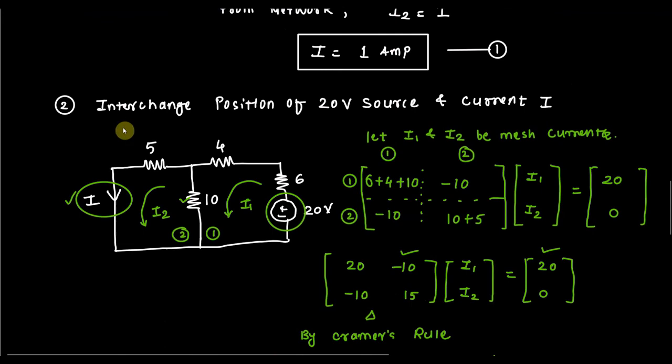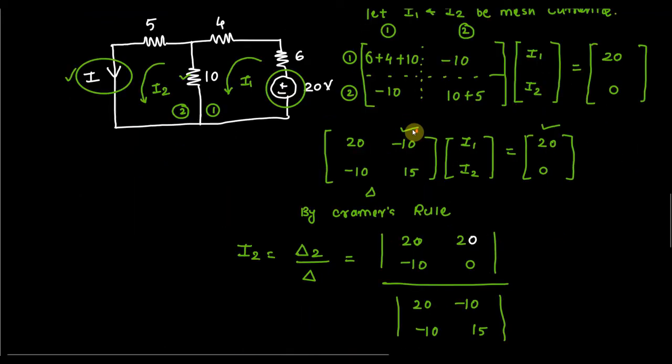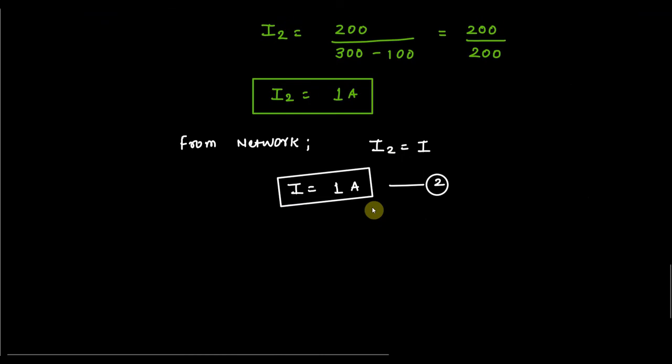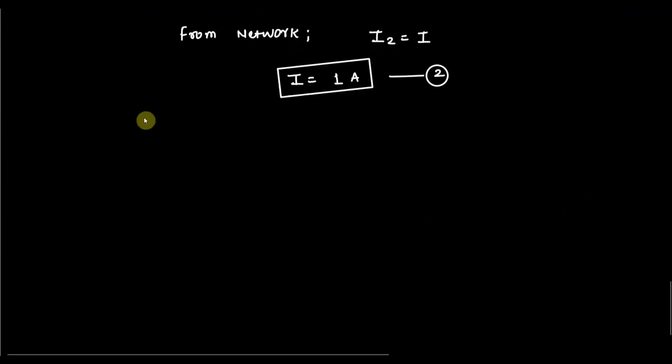And in the second step, what we have done, we have interchanged the position of 20 volt source and current I, and we have found the current I, which is again 1 ampere. So in both the cases, value of current is same. Hence, we can conclude that the reciprocity theorem is verified. So we will write the last statement.